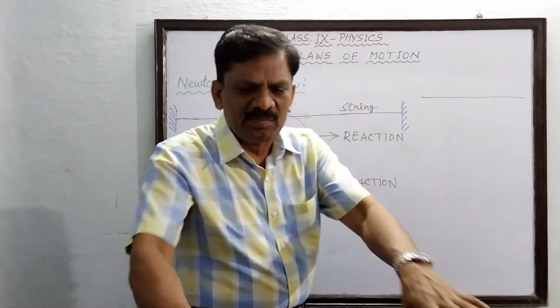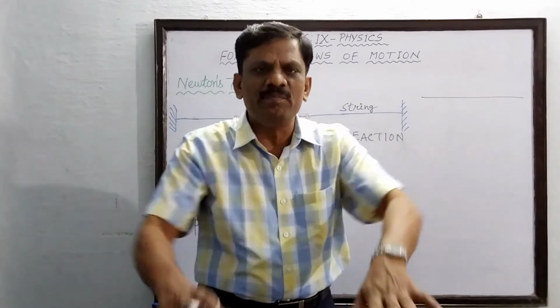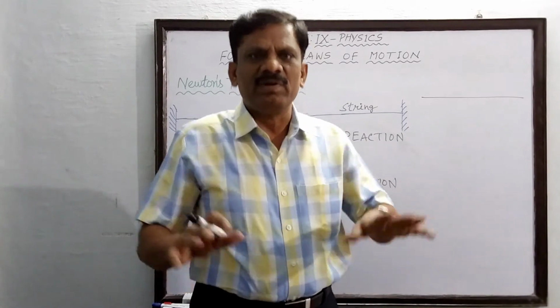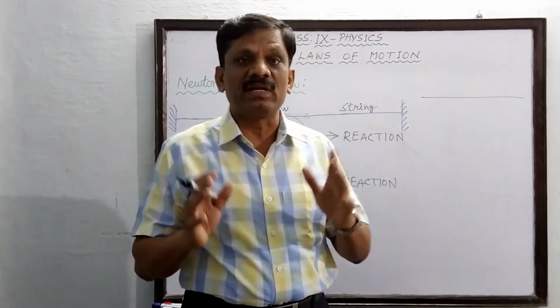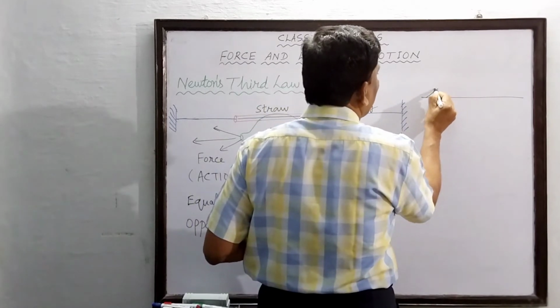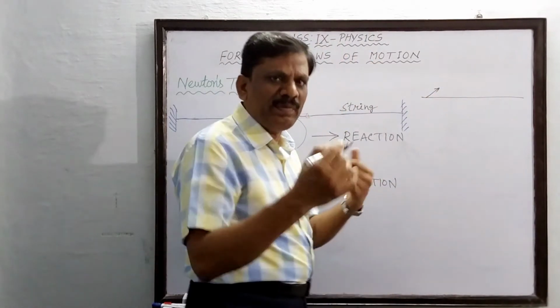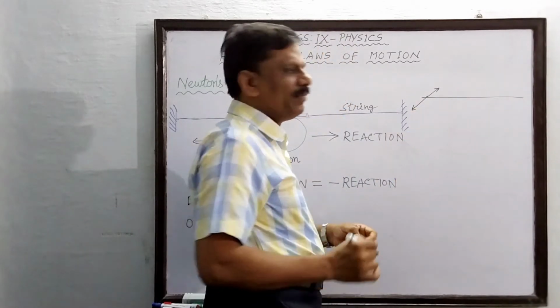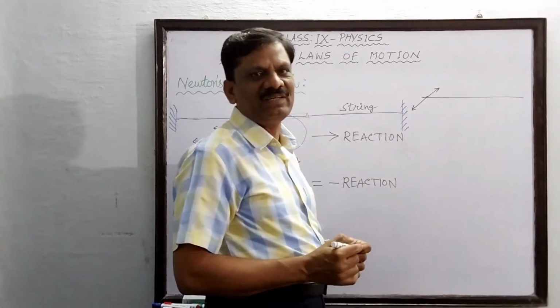On your mark means they will keep their hands on the ground and bend their body, and set means they will keep ready, looking forward to run, keeping their feet inclined in direction like this. Go means what they will do? They will press the ground in the downward direction.